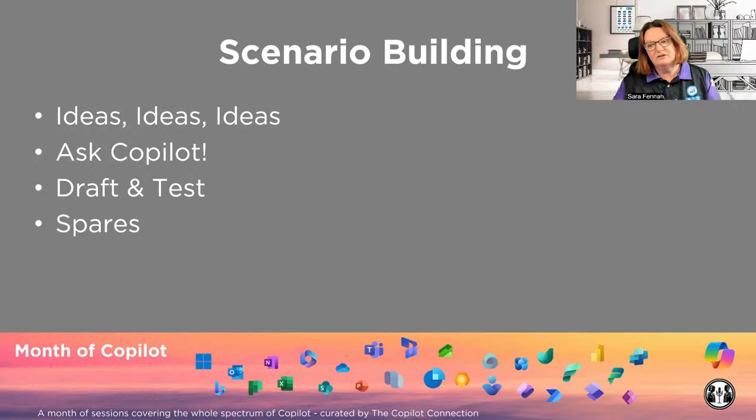Because it's grounded in the web, it tends to be more varied than Copilot for Microsoft 365, which is primarily grounded in my Microsoft 365 data, so it's more like the norm that I work with. So get some ideas, get some content to work on.